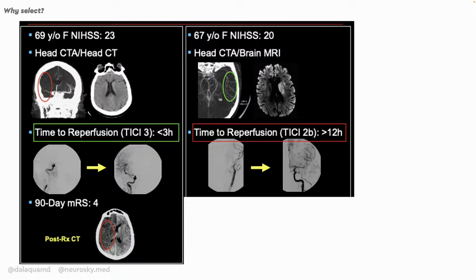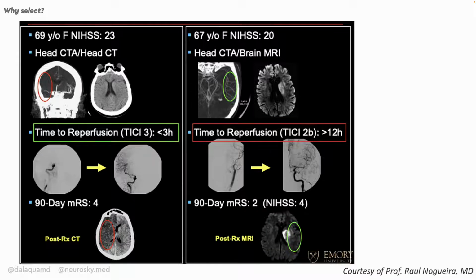67-year-old female patient with a similar NIH stroke scale that was also submitted to a CTA. But now we see that this patient has better collaterals, and she also had an MRI that shows the core. In contrast to the previous patient, this one was reperfused after 12 hours with a TICI 2B.